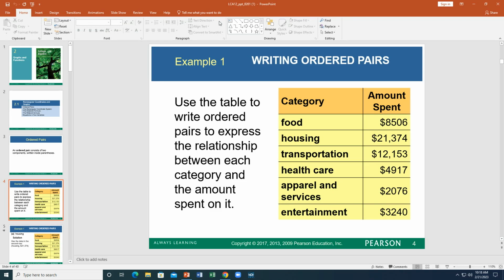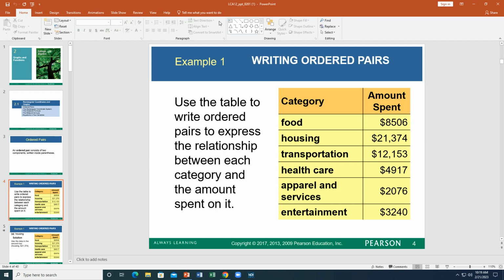So look here, you have: use the table to write ordered pairs to express the relationship between each category and the amount spent on it. Okay. So now you see for the food, how much is the amount spent? $8,506, right?